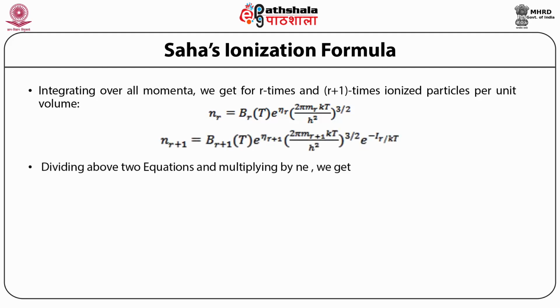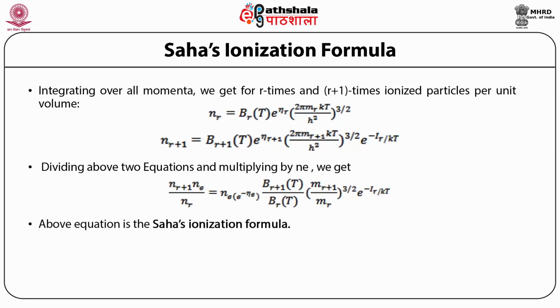Now dividing these two equations and then multiplying by n_e, we get n_(r+1) n_e divided by n_r equals n_e e raised to the power minus eta_e, b_(r+1)(T) divided by b_r(T), into (m_(r+1) divided by m_r) to the power 3 by 2, into e raised to the power minus I_r by kT.